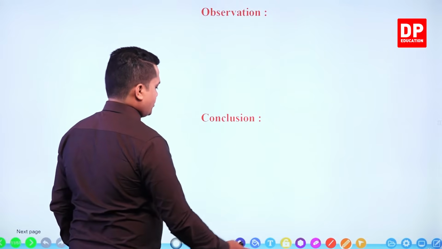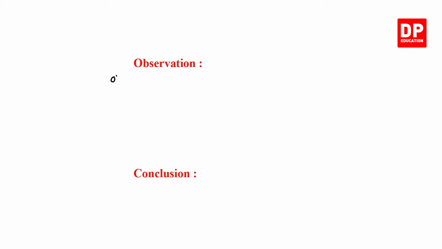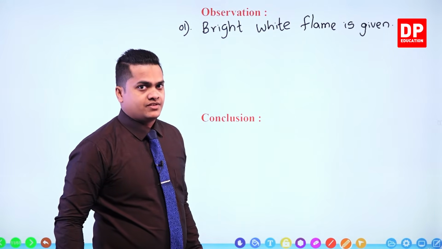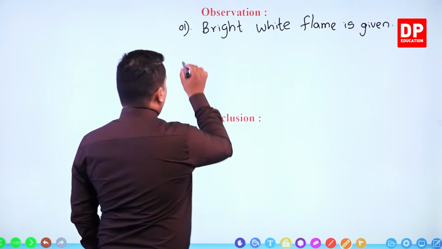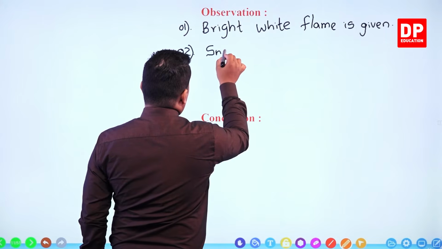So the first observation, number one: bright white flame is given. This is the first observation. Number 2: smoke emits.